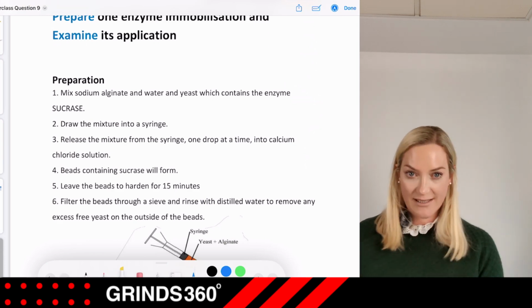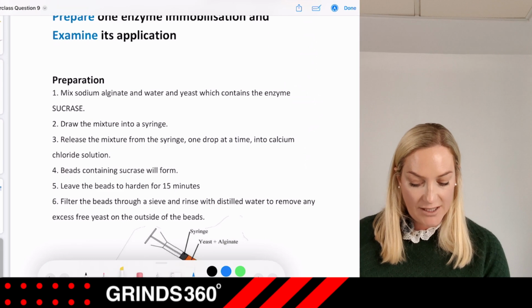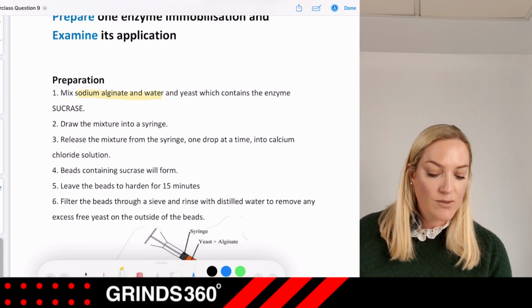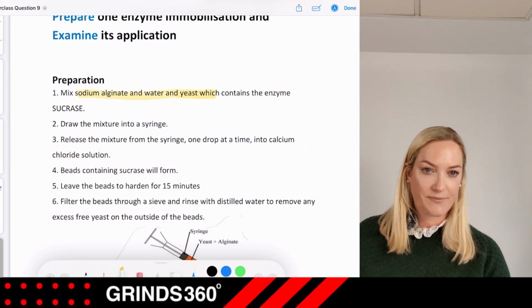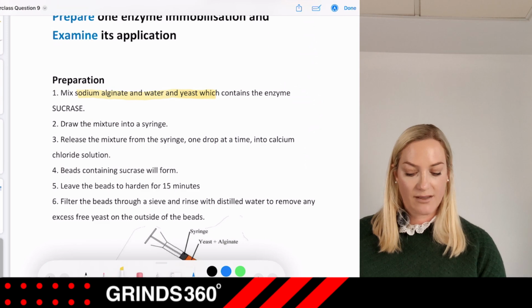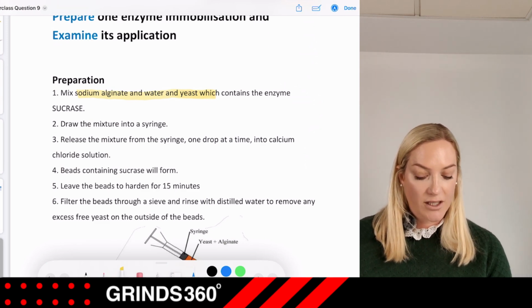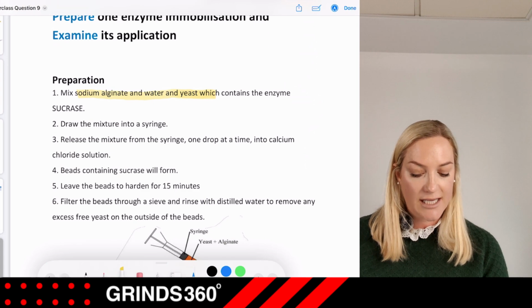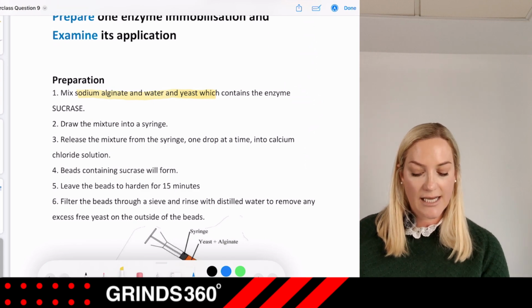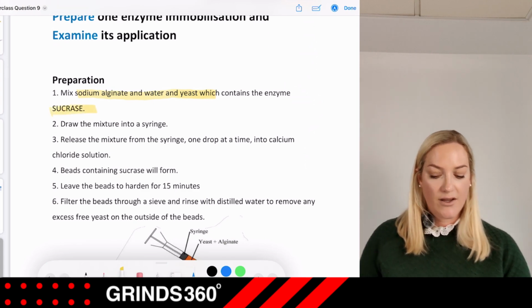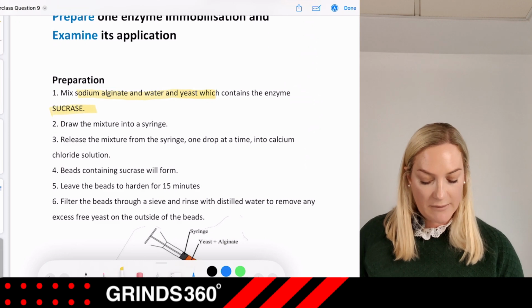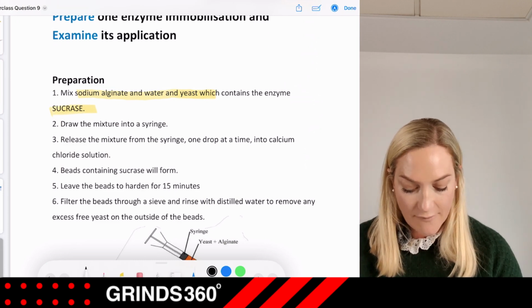So this year with this, we wanted to see students mention sodium alginate and water and yeast mixed together in a beaker, and a reference somehow that your yeast contains the enzyme sucrase. Now, here's another mistake I made.